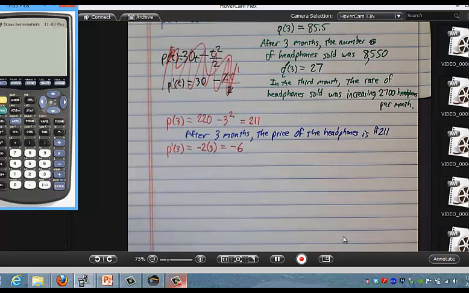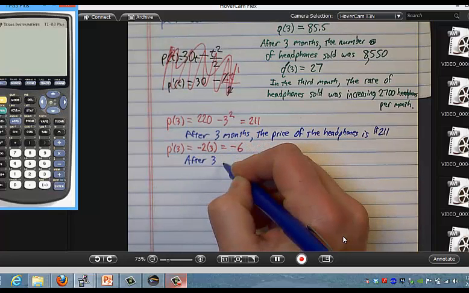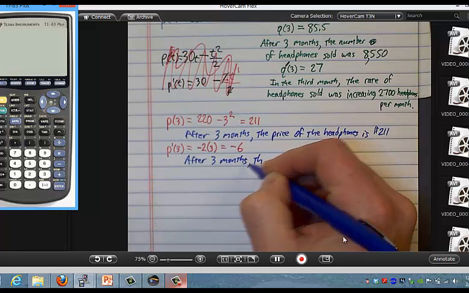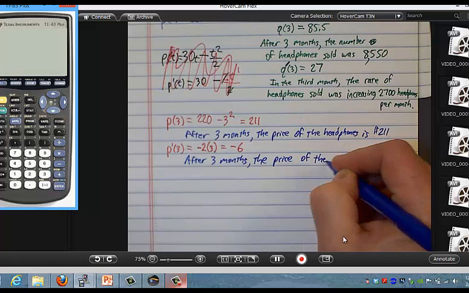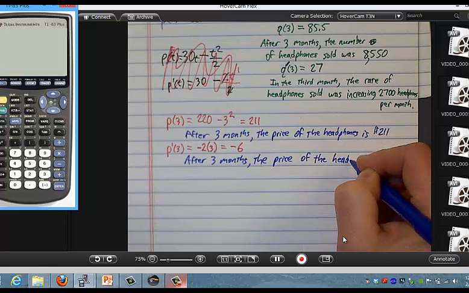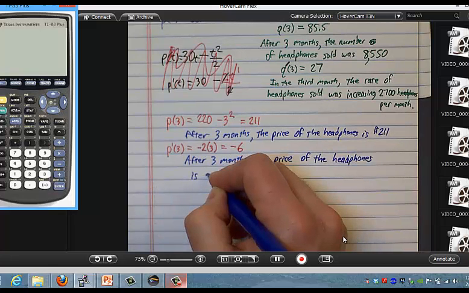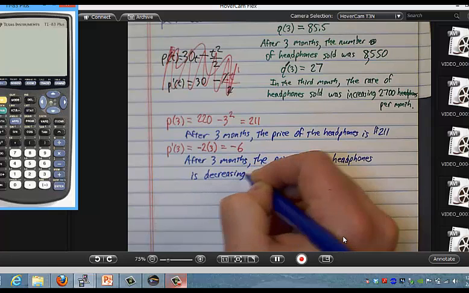After 3 months, the price of the headphones, what would I say, is decreasing how much? $6 per month.